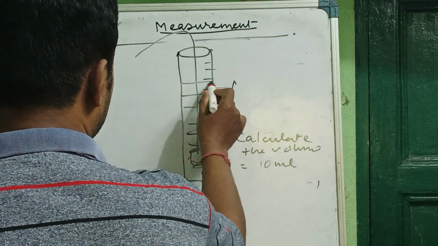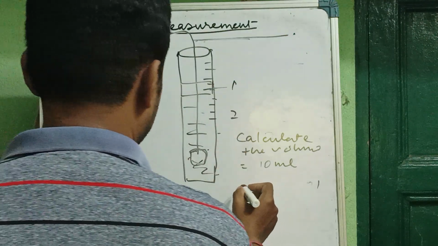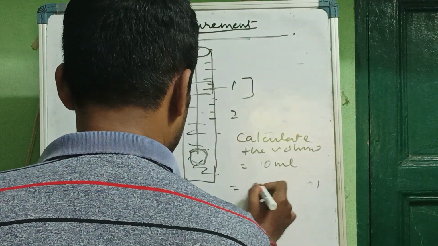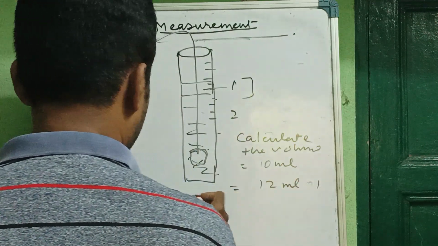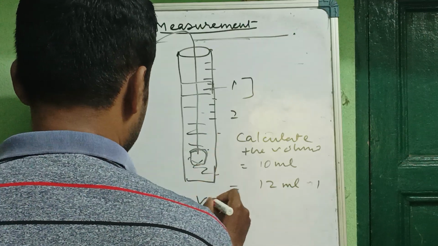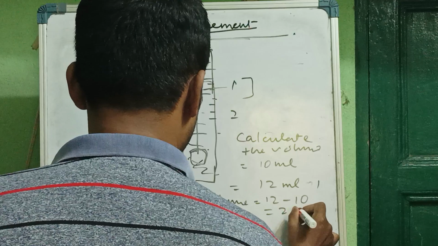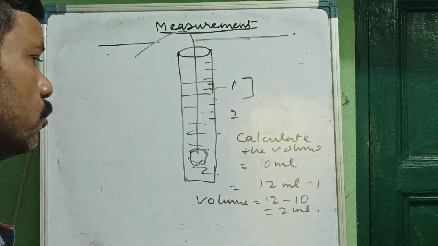If the level goes up, then we again note the observed reading, and if it is 12 ml, the volume of this substance is 12 minus 10. It is very easy, 2 ml. So the volume of the substance is 2 ml.